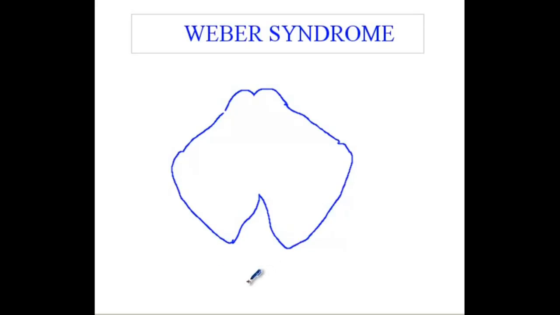Okay, and this is the anterior part, and here is the posterior part of the midbrain. I'll use different colors to illustrate different structures.